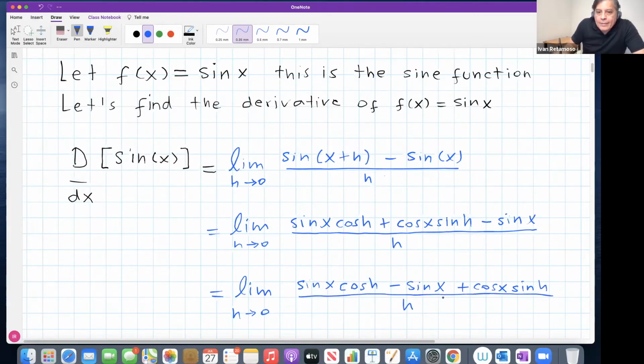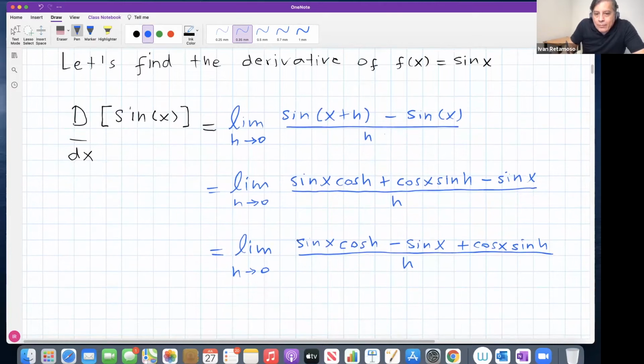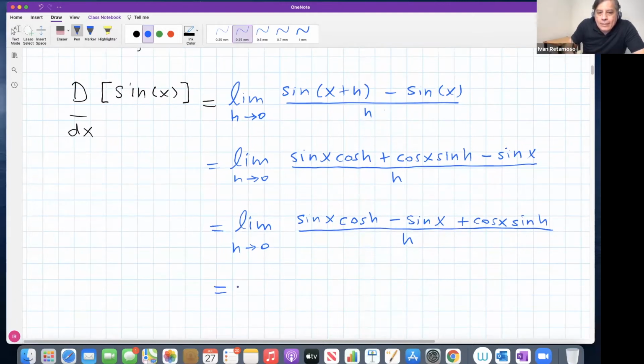All right. So now that I have rearranged this, I am going to factor out sine of x. Look, sine of x is here, sine of x is here. I factor out sine of x.